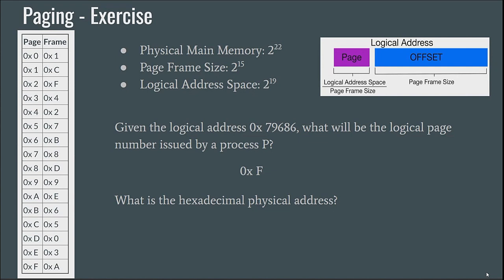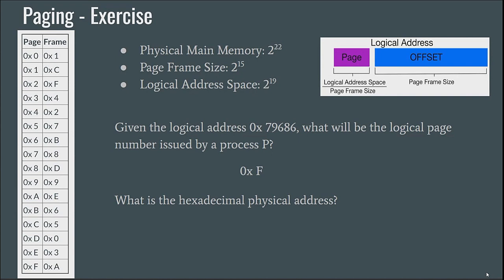So you converted the logical address to binary and then use the far left minus the leading 0. You should get all ones for that page in the binary. You should have 4 ones, and that translates to 0xf.